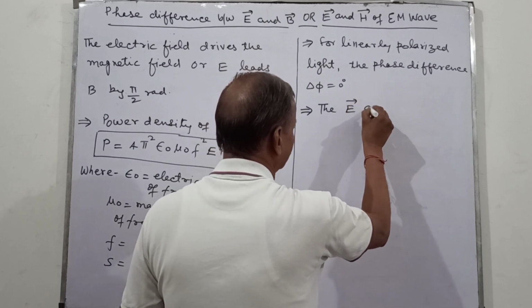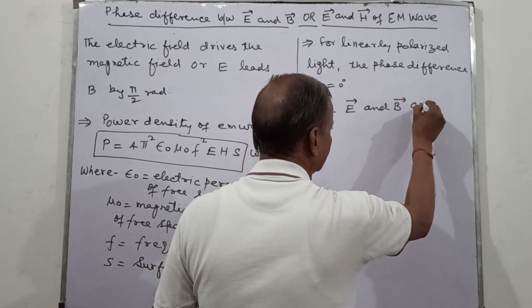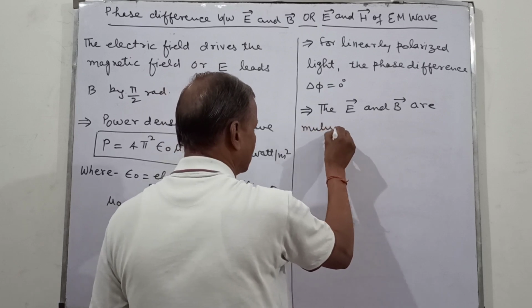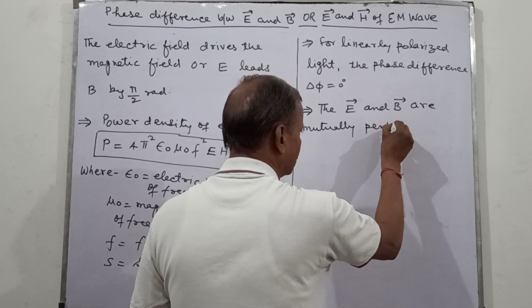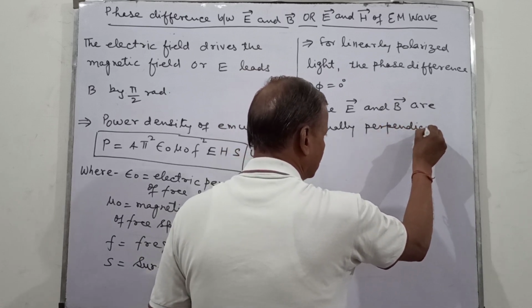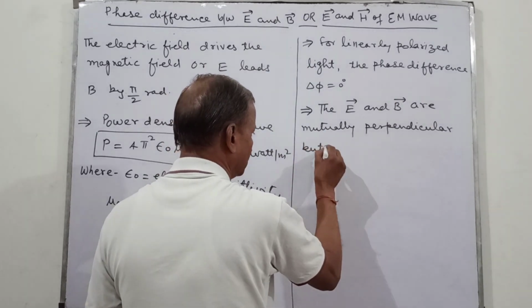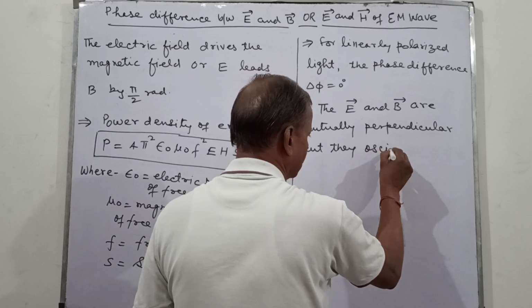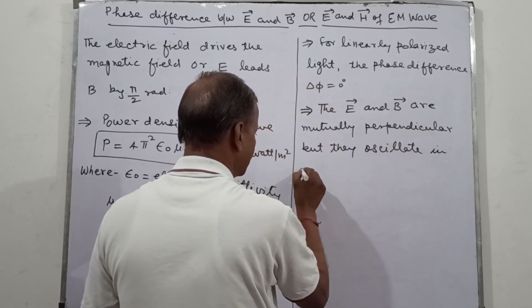The E and B are mutually perpendicular, but they oscillate in the same phase.